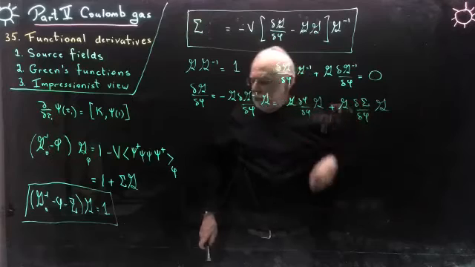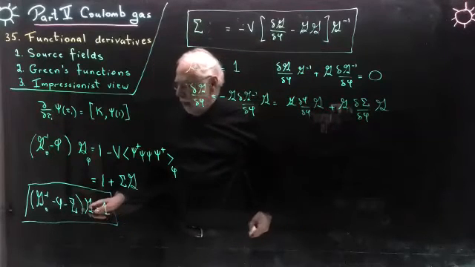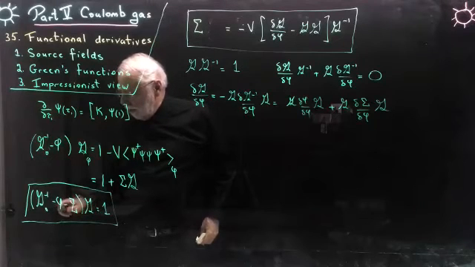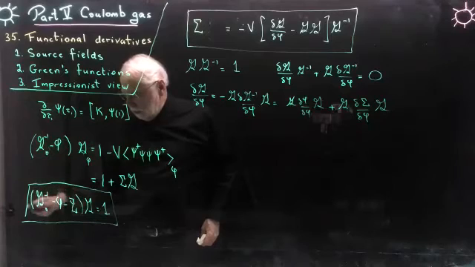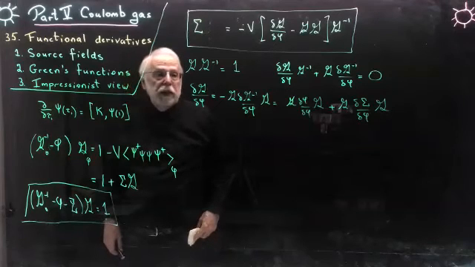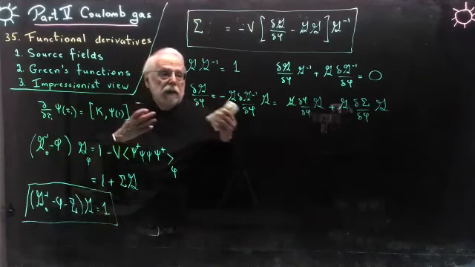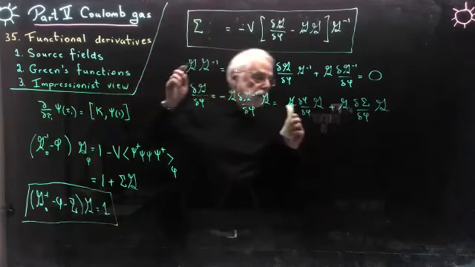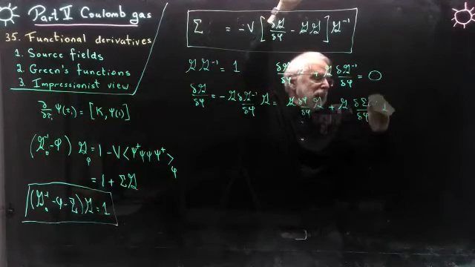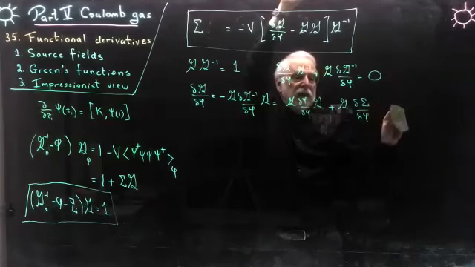Now sigma depends on phi only through the Green's function itself. So that's perturbation theory. I mean, sigma depends on G. So it does not have any explicit phi dependence.